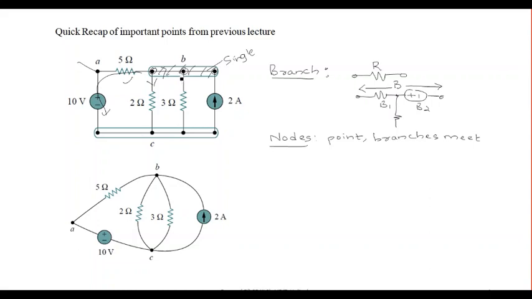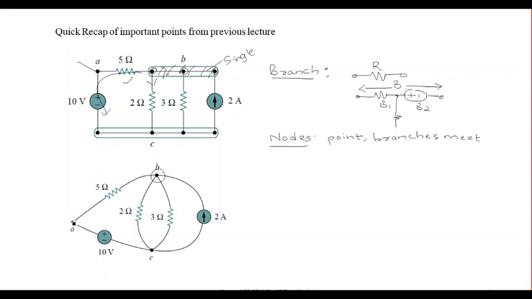So its replica is given here. You can consider point B, where we have 5 ohms, 2 ohms, 3 ohms and 2 amps elements connected. And they have taken node A. You can skip node A also; you can include this 10 volt at node B as well.